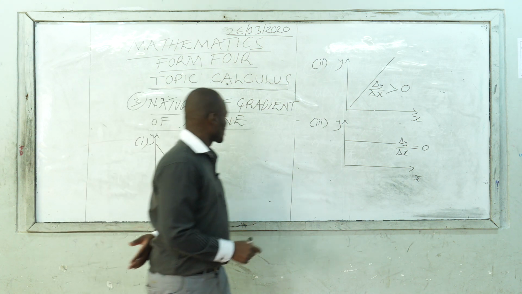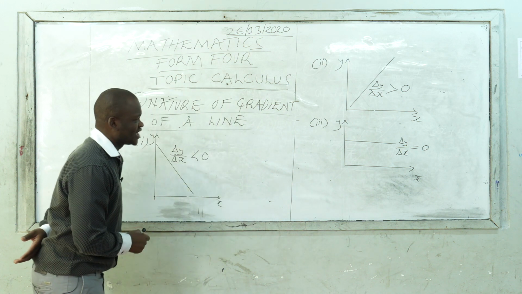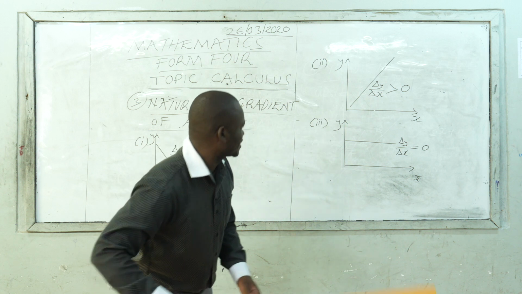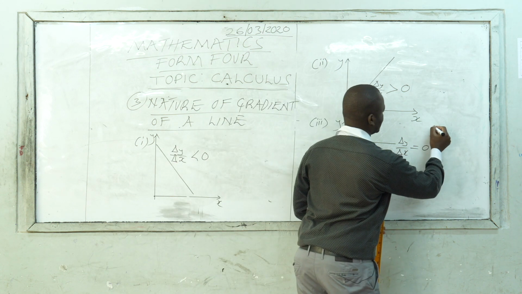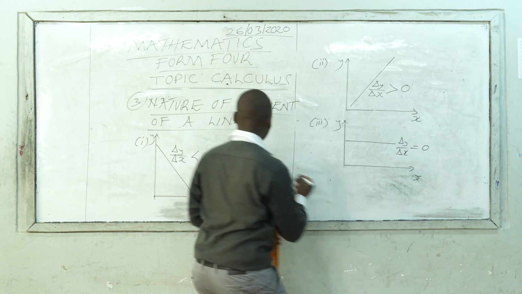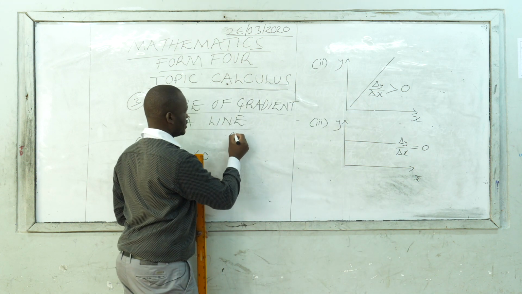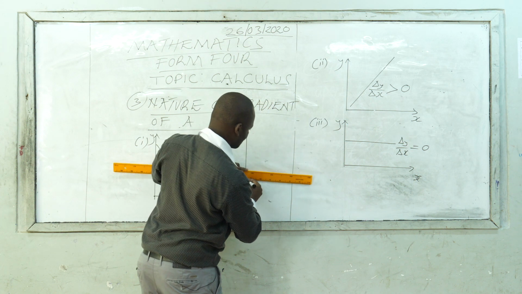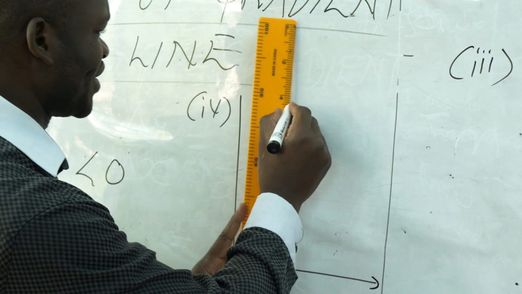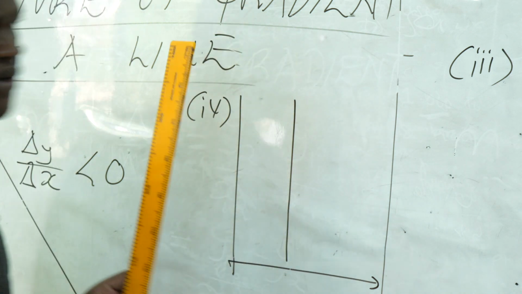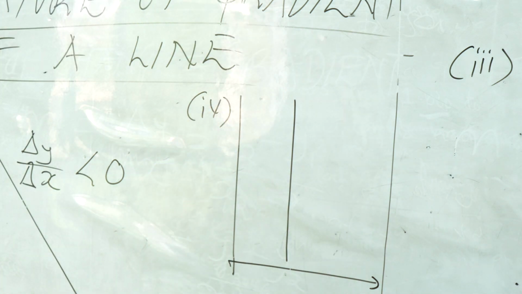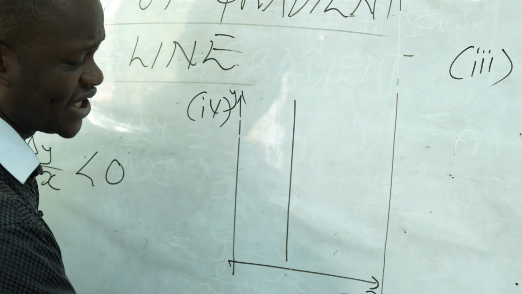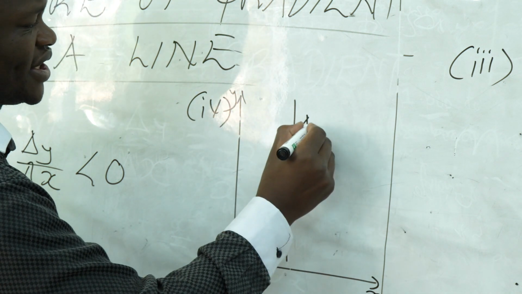Now we go to the last and fourth nature of the gradient of a straight line. So we have Roman 4. We have a line with this inclination, a line which is vertical. A vertical line will always have a gradient which is undefined or infinite.